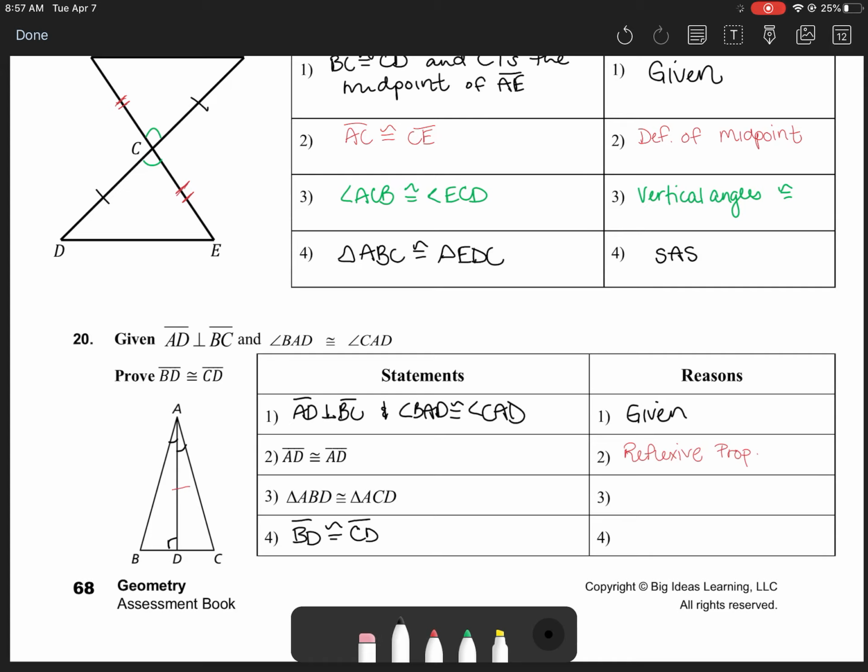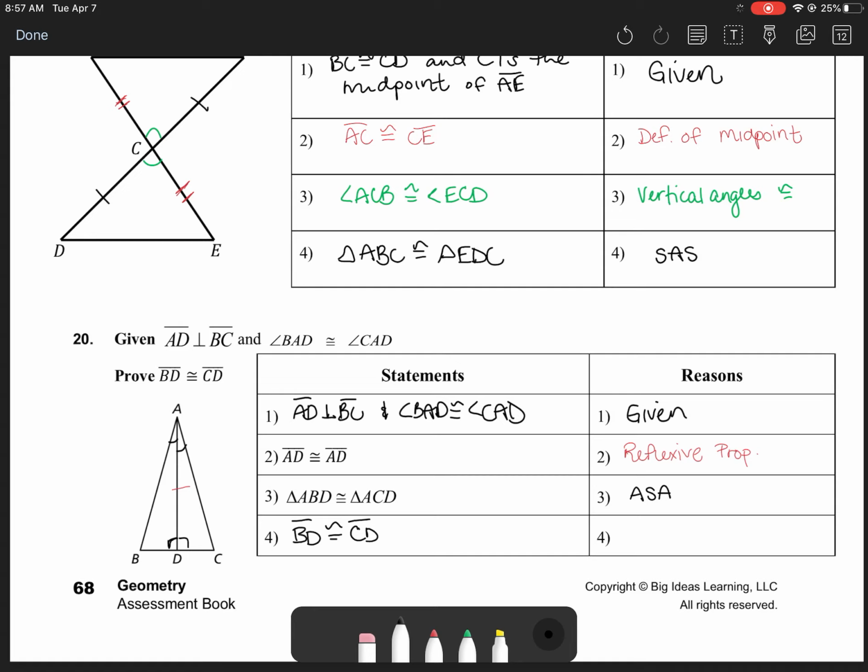And then I have enough information to prove this because my angles here are congruent. Right angles are congruent. Really, what I would want is another line that says right angles are congruent. But that's okay. So I've got angle, side, angle. That proves that part. And I have one line that's left.